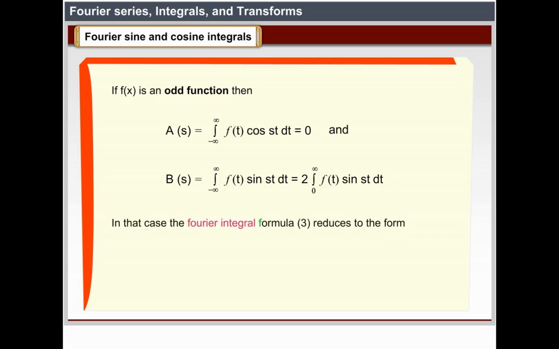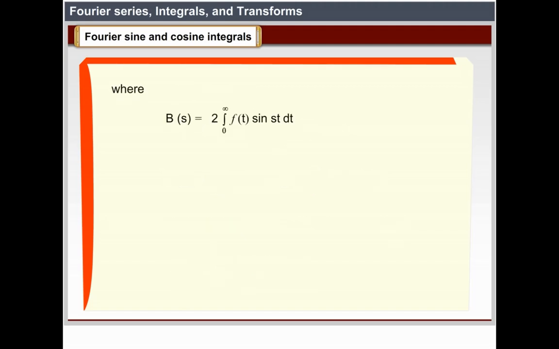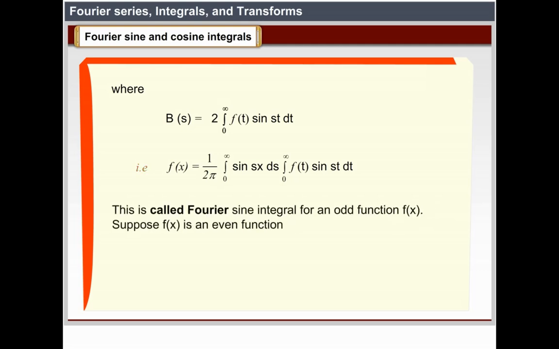In that case, the Fourier integral formula 3 reduces to the form f(x) equal to 1 by pi integral 0 to infinity B(s) sin sx ds, where B(s) equal to 2 times integral 0 to infinity f(t) sin st dt. That is, f(x) equal to 2 into 1 by pi integral 0 to infinity sin sx ds integral 0 to infinity f(t) sin st dt. This is called the Fourier sine integral for an odd function f(x).